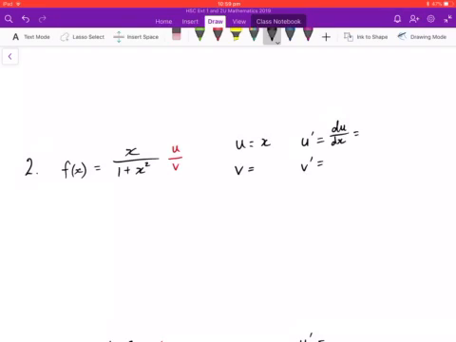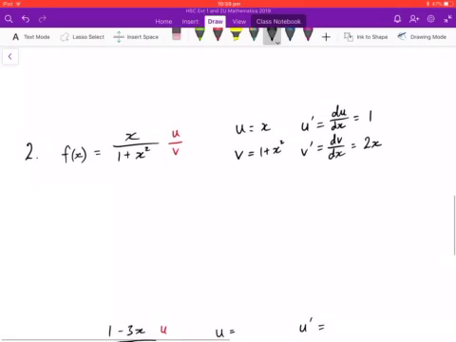What's the derivative of x? Well, it's just 1. v is equal to 1 plus x squared. So v dash, which is another way of saying dv/dx, I'm just finding the derivative of v. What is that? Well, the derivative of 1 plus x squared is just 2x. The 1 is a constant, so it just goes away to 0, and we have that.